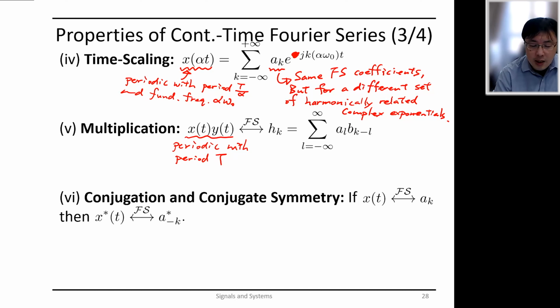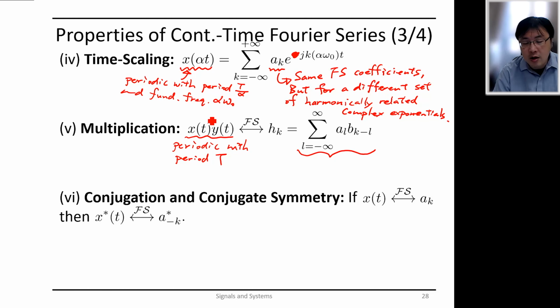And the Fourier series coefficient of the product of the two signals is actually equal to the convolution of their respective Fourier series coefficients.